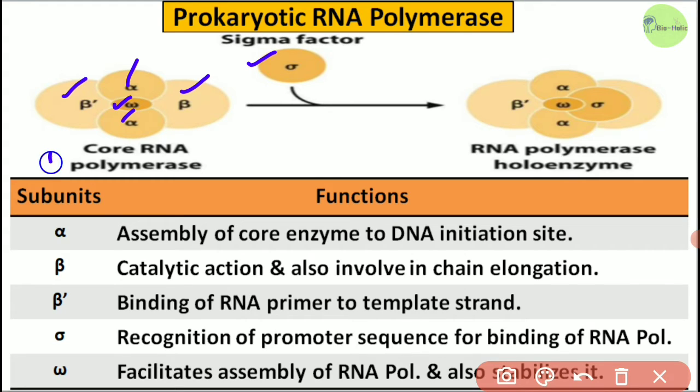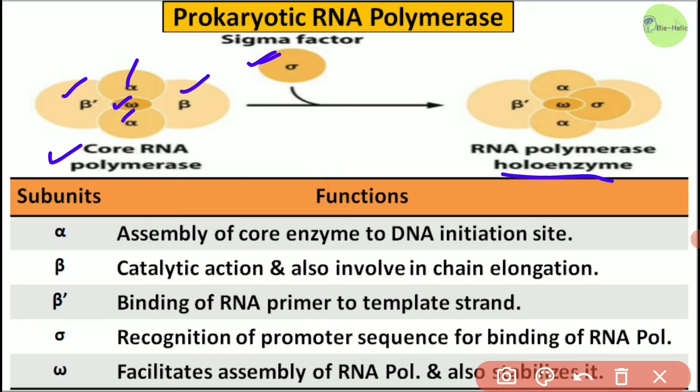So this core enzyme is required for the polymerization activity, and after binding of the sigma factor, this holoenzyme is required for the correct initiation of transcription by binding to the promoter, which is the main function of the sigma factor.